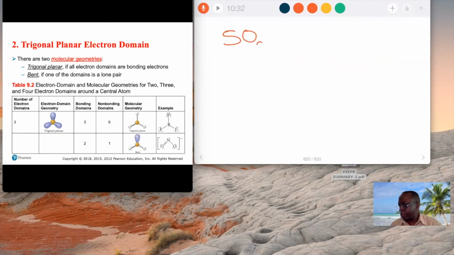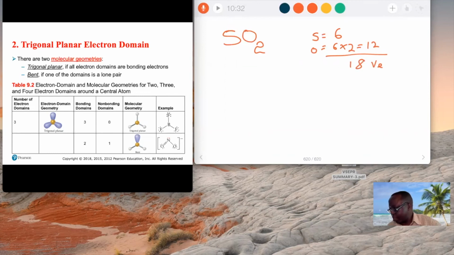Let's see what this will give us. We'll see. So if we had to draw the Lewis structure for this, S equals 6. I'm drawing the Lewis structure. Oxygen is 6 times 2. This is 12. And if I add, I have 18 valence electrons.